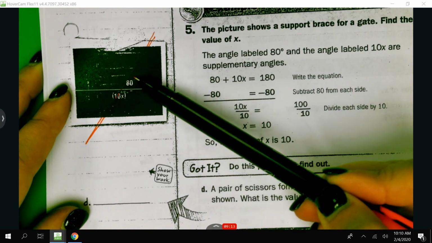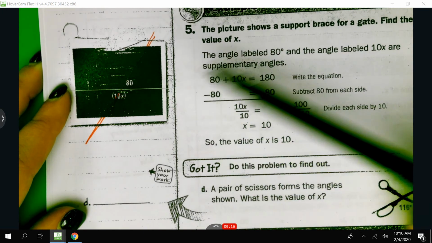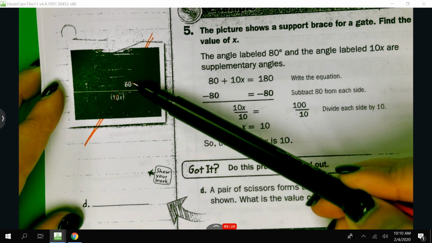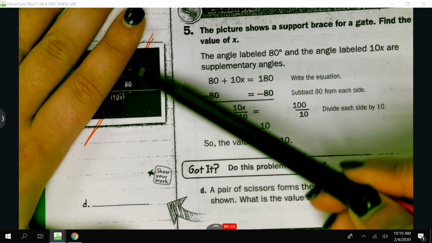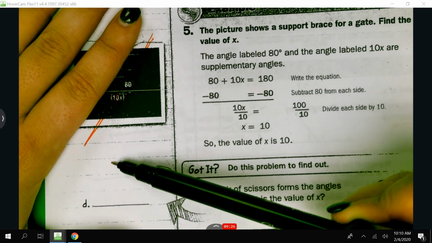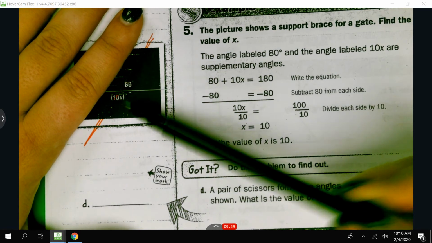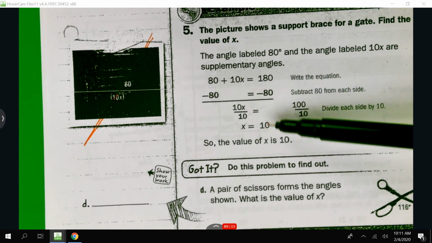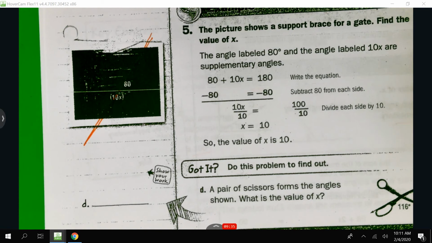So this is measure 80, and this is 10x. So you're finding the value of x. If you look together, 80 and 10x, they form a straight line. So you know that they're supplementary. So that means 80 plus 10x has to equal 180. Okay? So then when you solve for the value of x, you get 10.